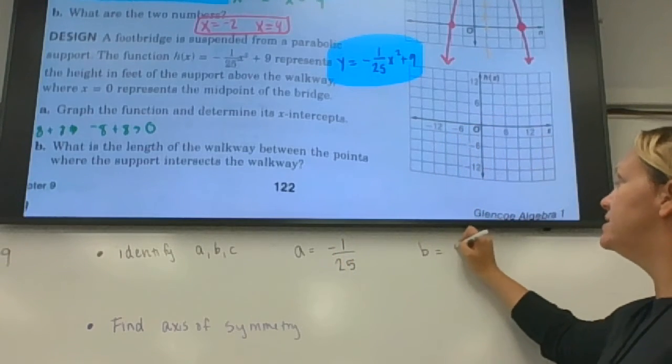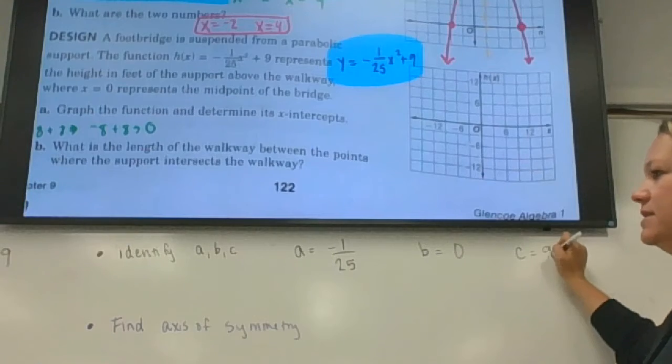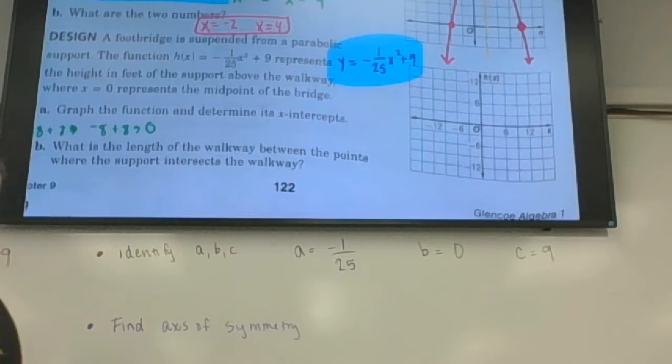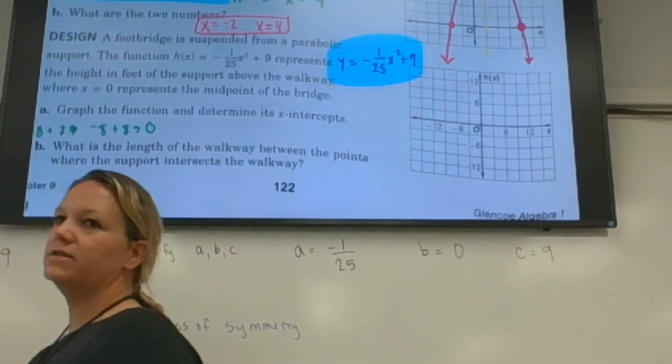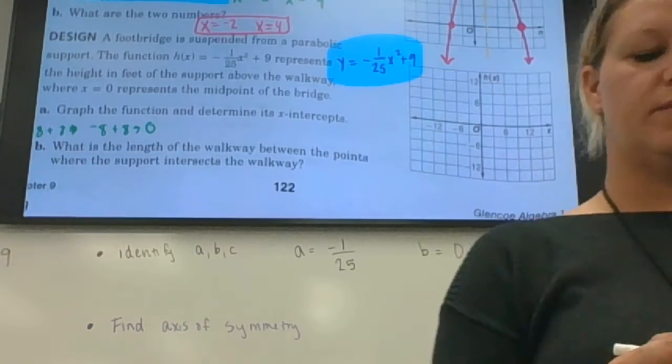B is 0 and C is 9. There's a 0 in the middle of this. When there is no x by itself, there's a 0 in the middle.